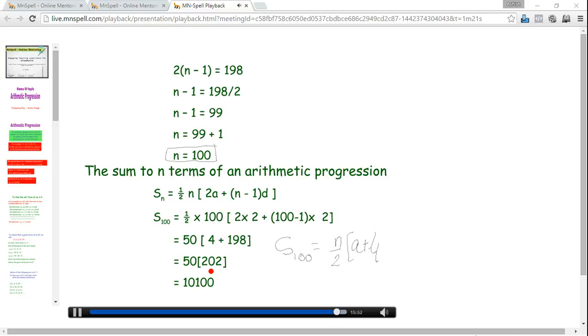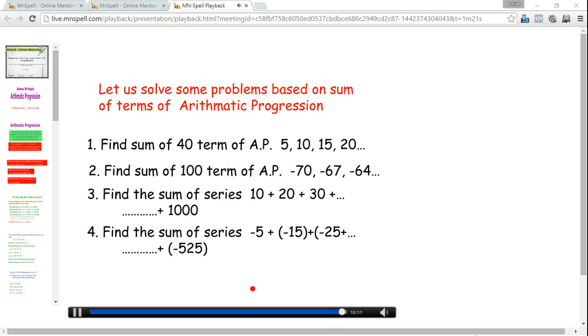We know the first one as 2 and the last one as 200. 200 plus 2 is 202, and 100 divided by 2 is 50. If we solve this, we get 10100.